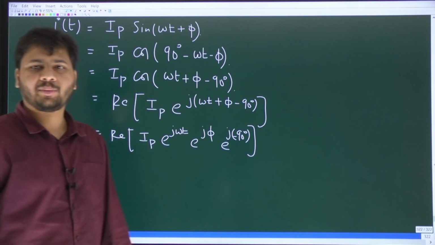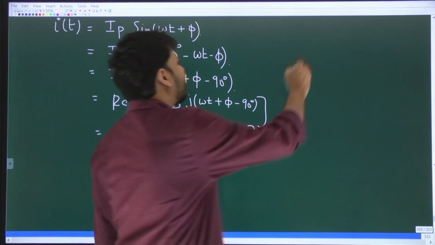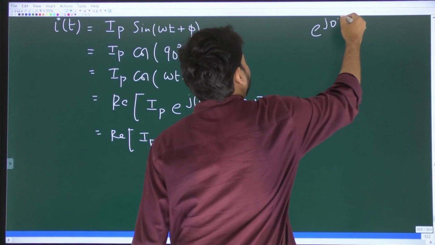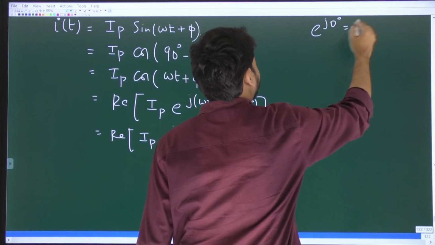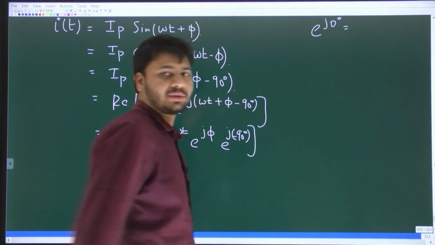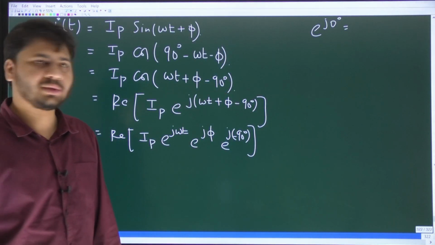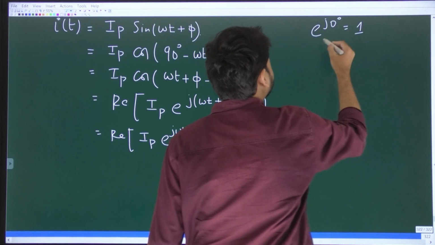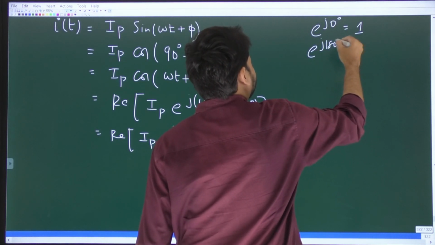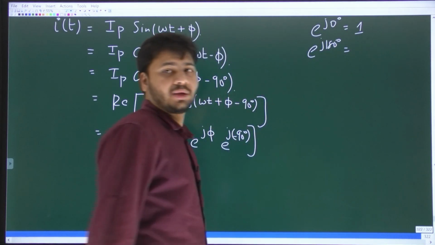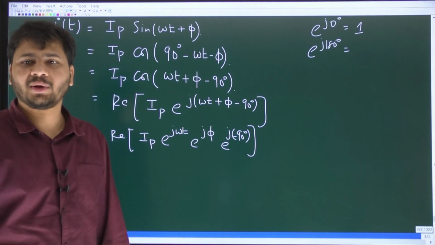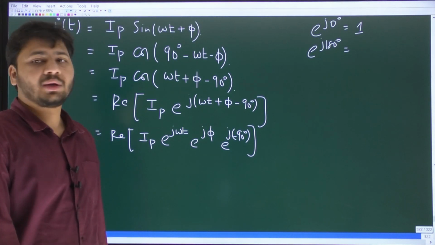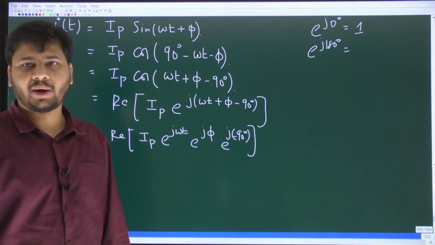What is e power j minus 90 degrees? You see, e power j 0 degrees is cos 0 plus j sin 0. Is it not 1? What is e power j 180 degrees? Is it not cos 180 plus j sin 180? Cos 180 is minus 1.